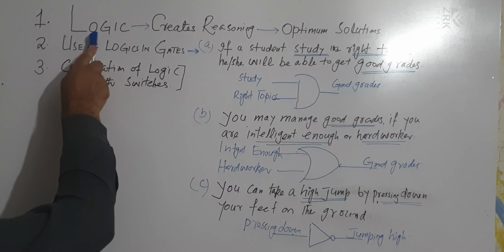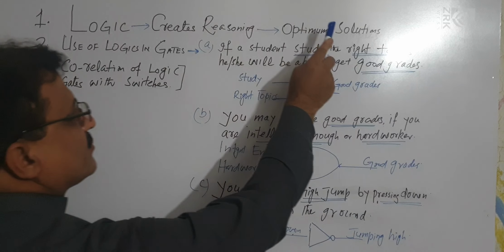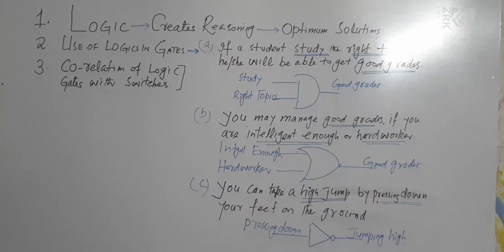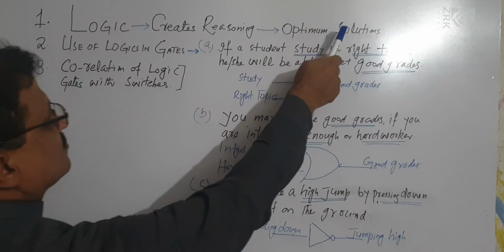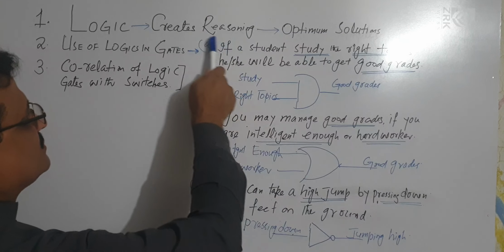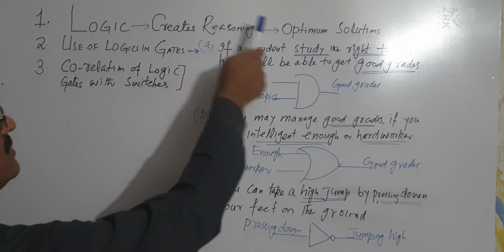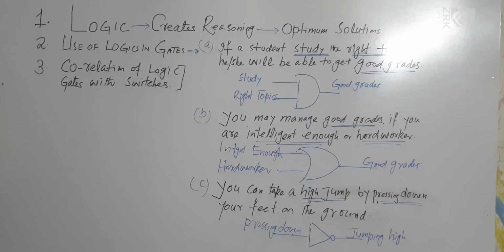But logic can give you the right decision or optimum solutions. And between the logic and the optimum solution, the reasoning is involved. Based on reasoning, we get the optimum solution.